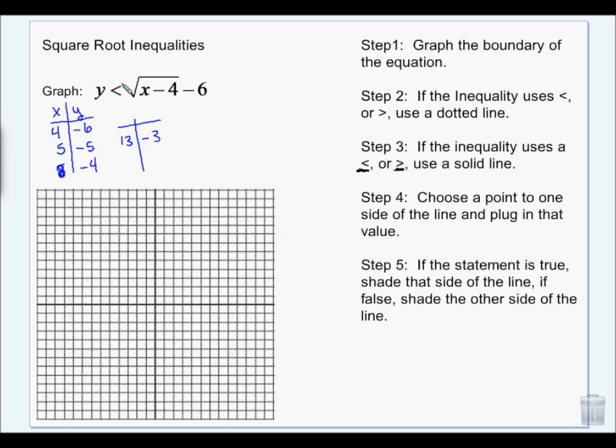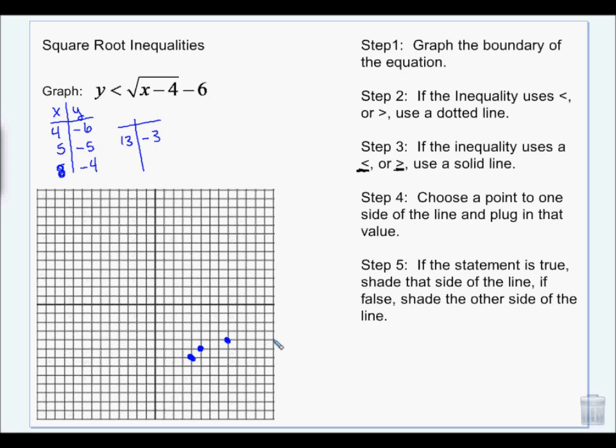Okay, we have a less than, so we're going to need a dotted line. I go to 4, negative 6. That's my first dot. And then 5, negative 5. And then 8, negative 4.